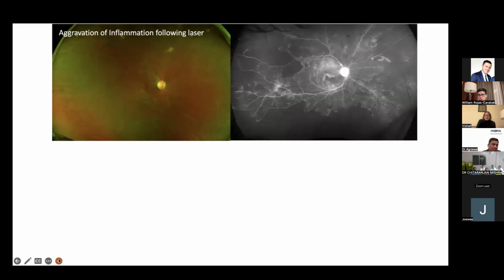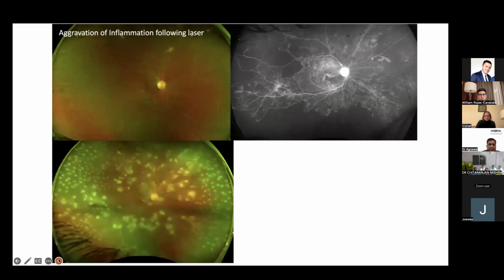Now, this is a patient of Behçet's who's being treated on DMARDs because she couldn't afford biologics. So this was the right eye when we saw her. I did the angiogram. Angiogram showed extensive areas of capillary non-perfusion. Laser was done.